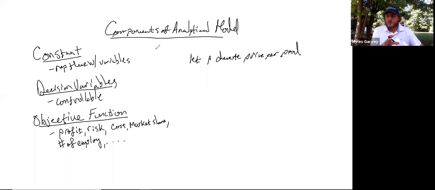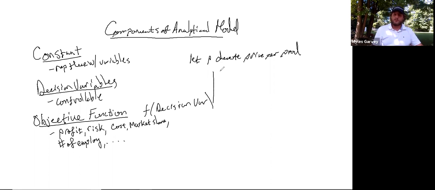How can I know whether the decision was a good decision or a bad decision? Well, we need a mathematical function, f, with all of the decision variables thrown in as input so that we can measure or score how good or bad those decisions are.